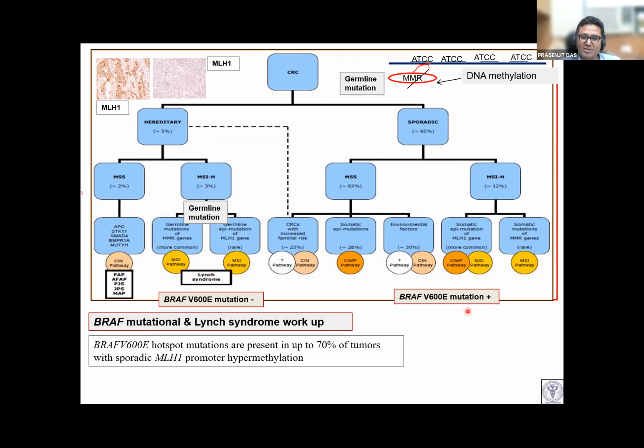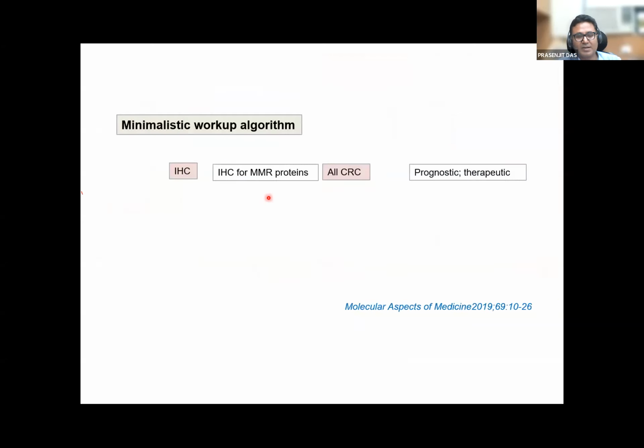If hotspot mutation is present, then it can never be Lynch syndrome. If mutation is not present, there is a wild type BRAF gene, then again we need to do germline mutation study. So that's how we can save some money, and we can use next gen sequencing judiciously while we are working up for Lynch syndrome.